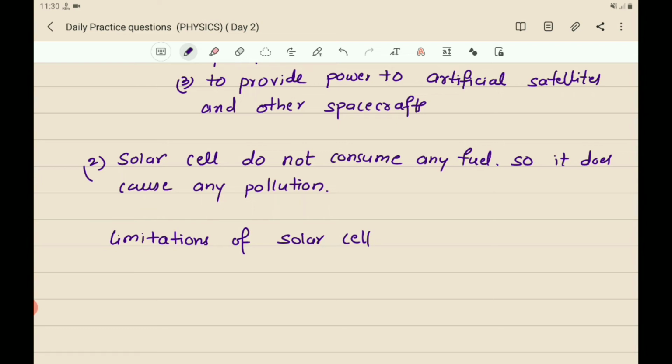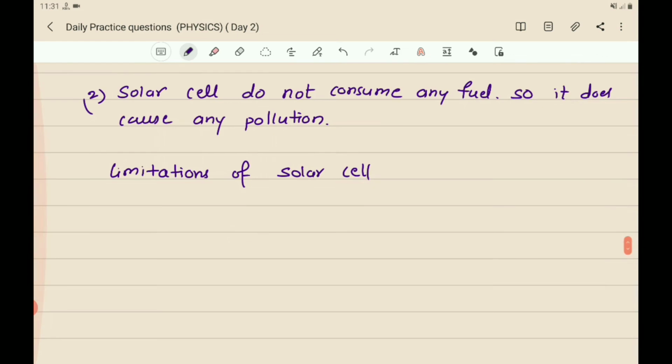You know that the efficiency of solar cells is very low. It produces direct current which needs to be converted to alternating current, and the cost of installation of solar cells is very high. So these are some limitations.